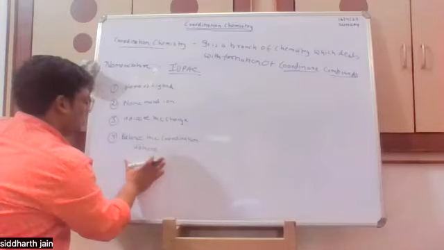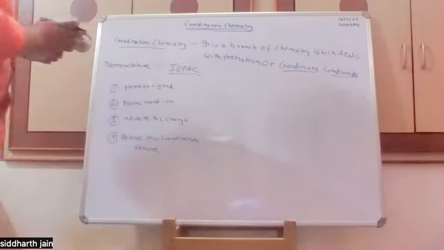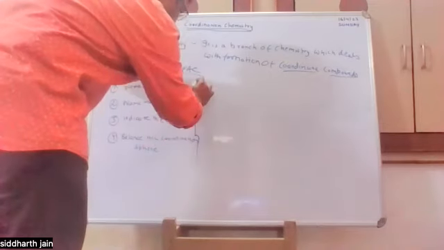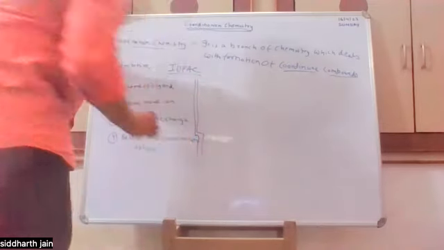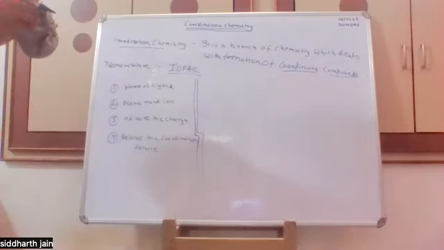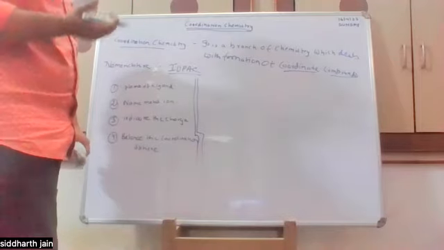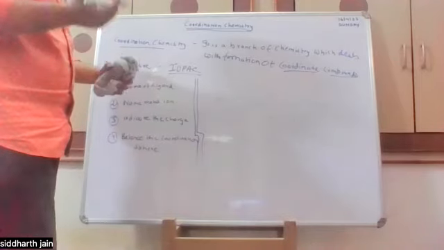So what are these naming rules? Let's look at the name of the ligand. For the name of the ligand, we should know whether the ligand is negatively charged or neutral.